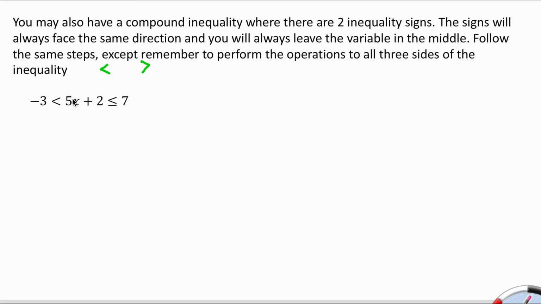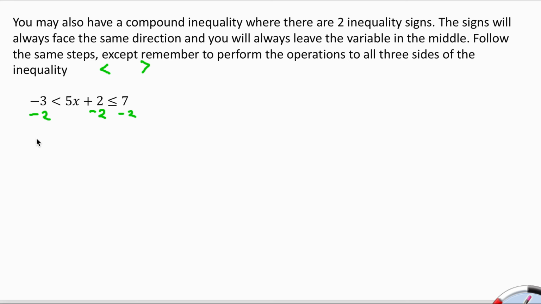You undo everything that's been done to the variable to get the variable all by itself. So there's no math to do on any side. I can't simplify anything further. There's no fractions. There's no parentheses, but I would still do all that if I had it. I'd just do it all the way across. Now, undo what's being added or subtracted to the x. Just undo it on all 3 sides.